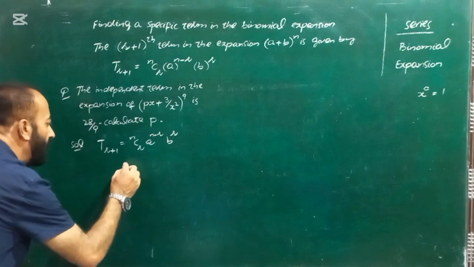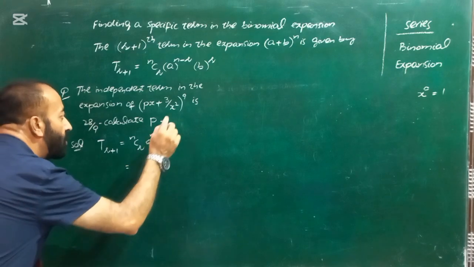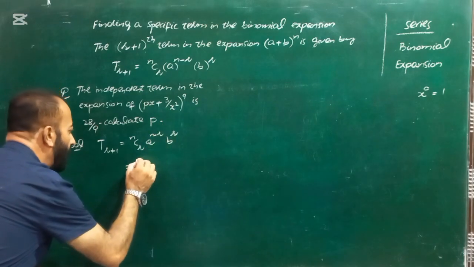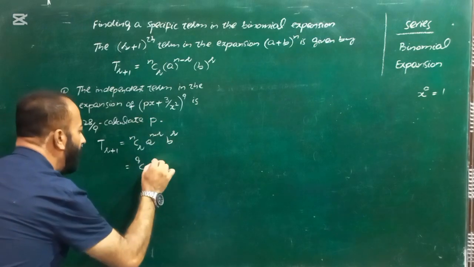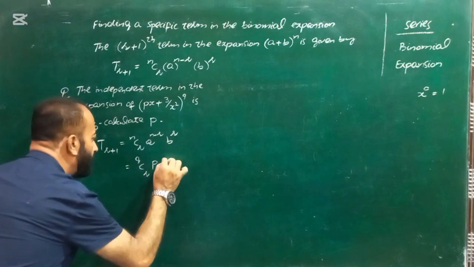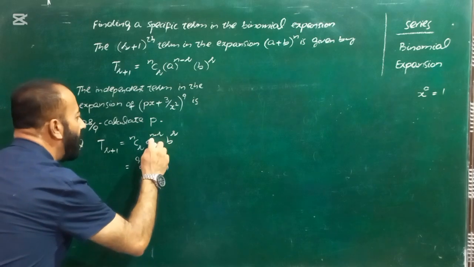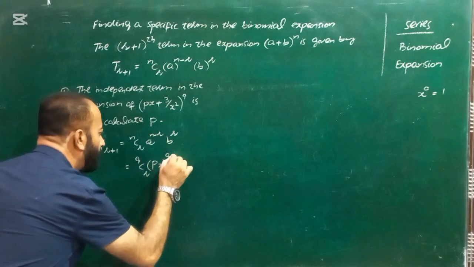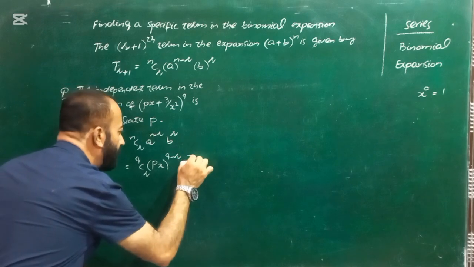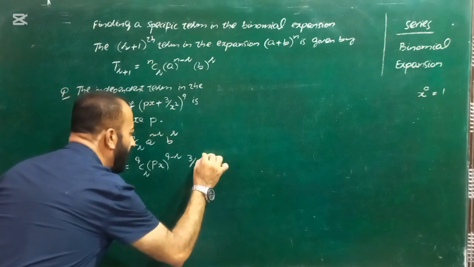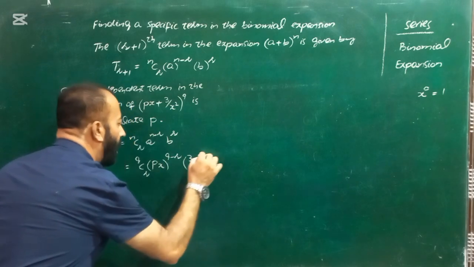So these values are going to be put in the formula. So n is 9, so 9Cr into a, that is px, raised to the power 9 minus r, into b, that is 3 over x squared, raised to the power r.